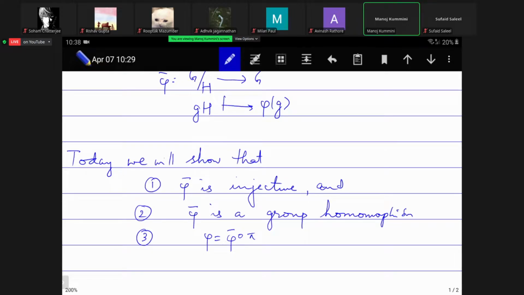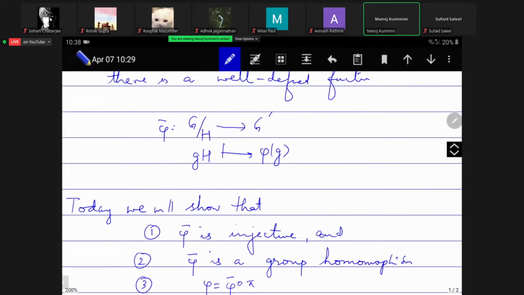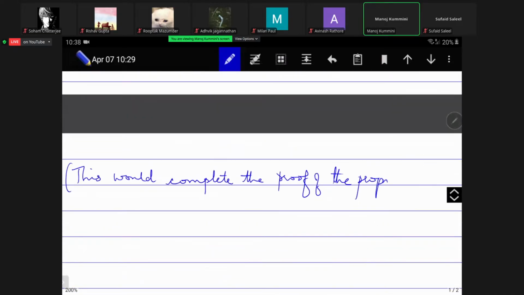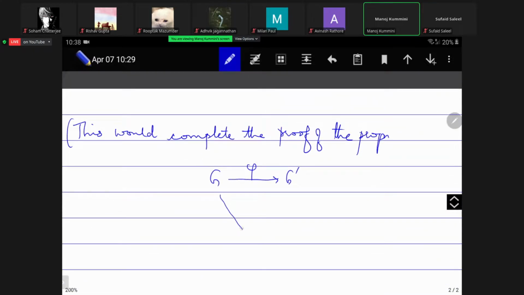Technically, maybe I should just remind you what proposition this is, the given information. Okay, G to G bar. H is the kernel.